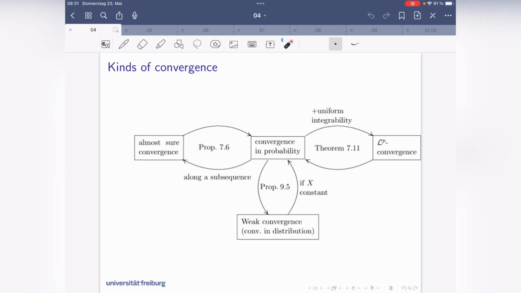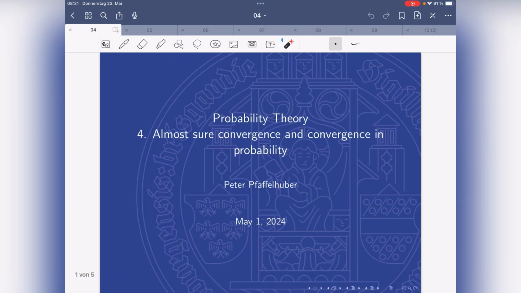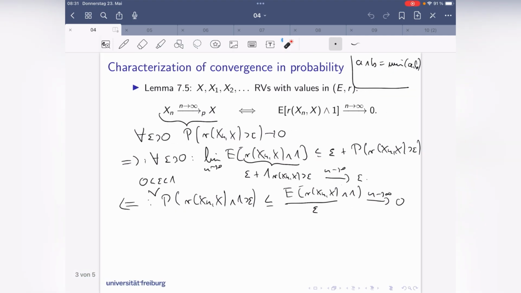Where did we have this? Here it is. So remember, x_n converges in probability to x if and only if this expectation here converges to 0, so the distance of x_n to x, bounded from above by some constant, converges to 0. So I can use this.